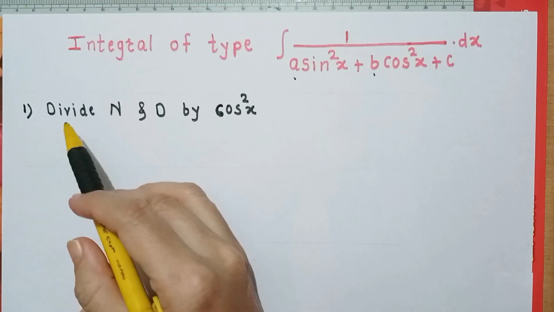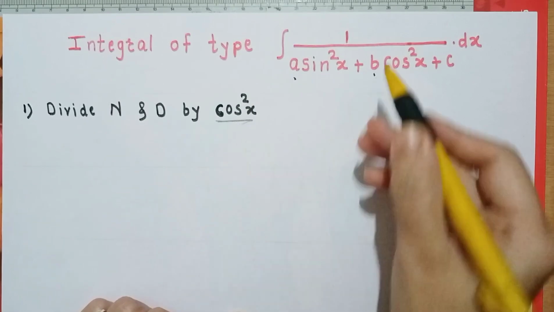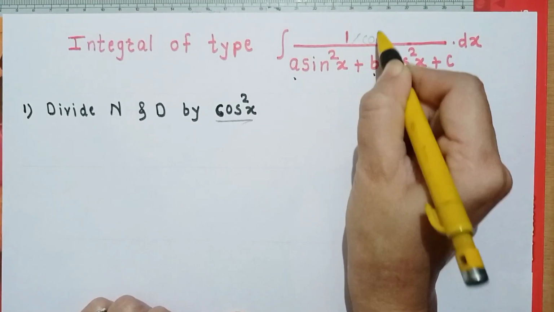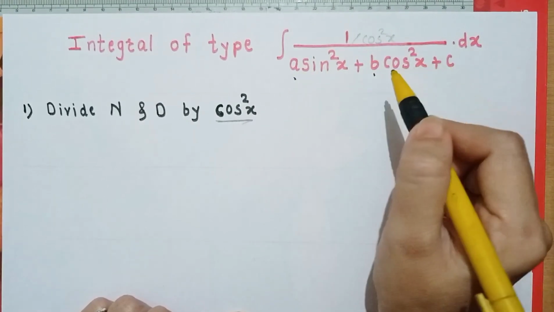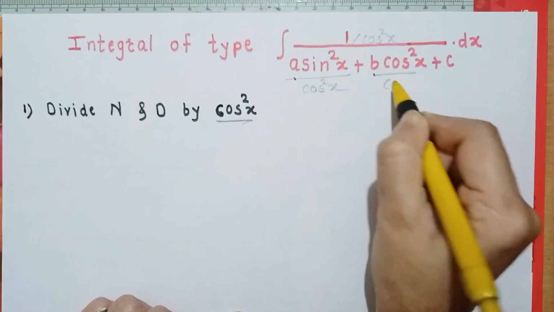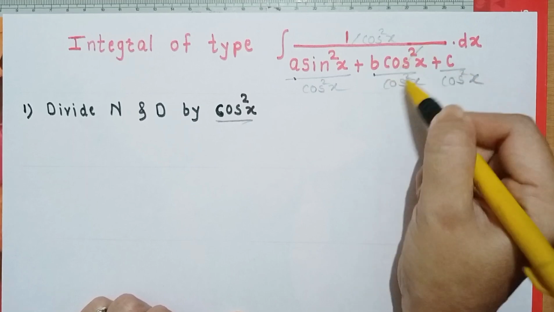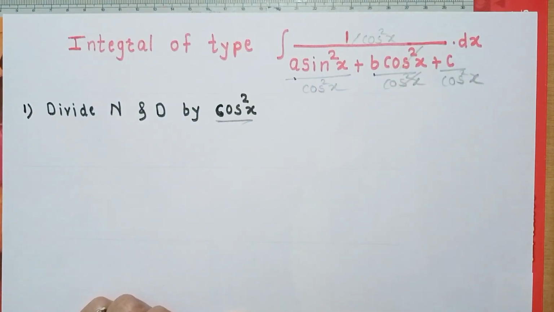The first rule is to divide numerator and denominator by cos square x. So here we will divide the numerator by cos square x, and in the denominator also we will divide each term by cos square x. Again this cos square x gets cancelled.